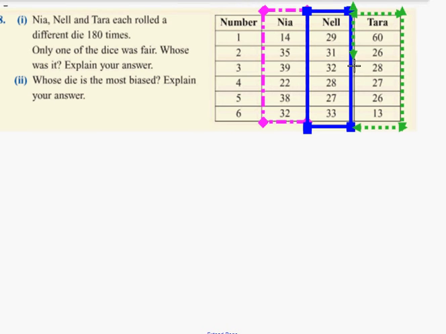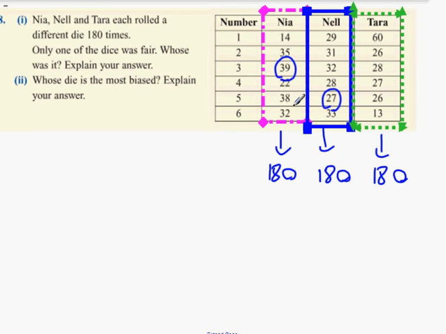When you add them all downwards, how much should each one total? They should all total 180, because that's how many times you tried it. So for instance, Nina got 39 3s, Neil got 27 5s, Tara got 60 1s. That's what the results table means.